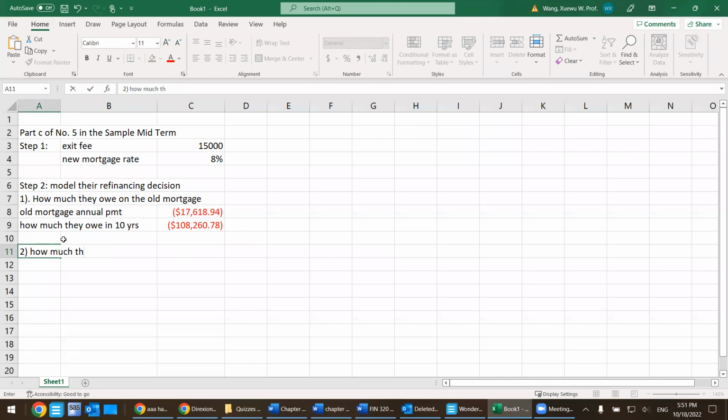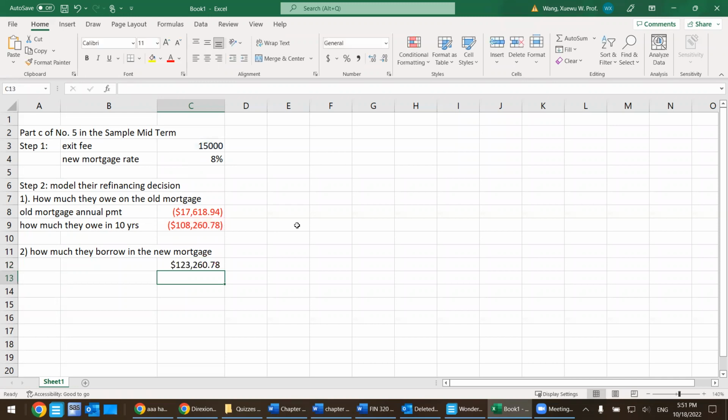So how much do they borrow in the new mortgage? Well, they need to borrow $15,000 more because they need to pay the $15,000 extra fee. They also need to pay how much they owe on the old mortgage. So the total is going to be 15,000 minus this negative 108,260.78.